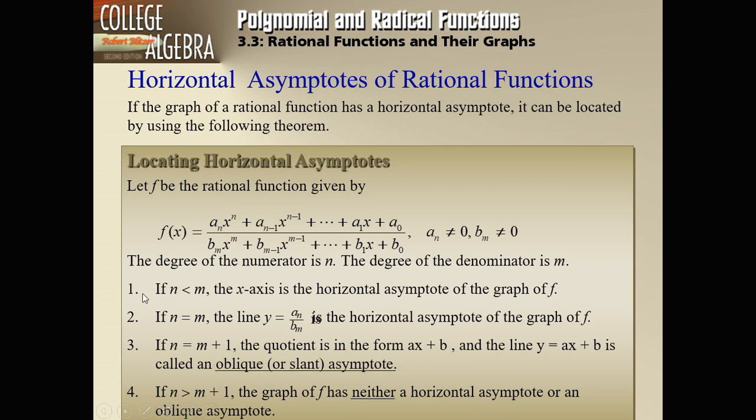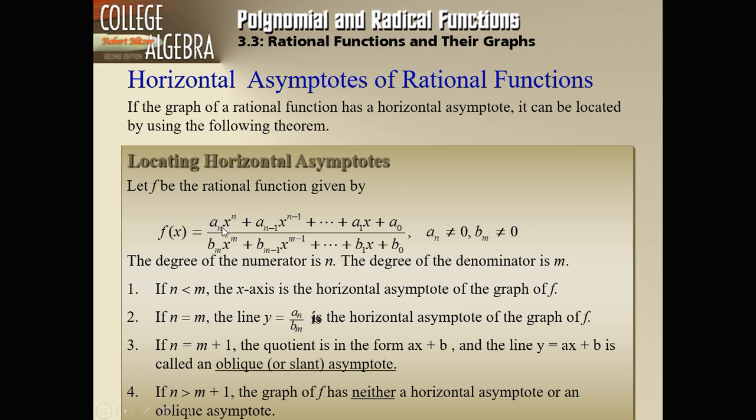So, for number 1, if n is less than m, the x-axis is the horizontal asymptote of the graph of f. Okay, so next, if n is equal to m, the line y is equal to a of n over b of m. Yung a of n natin is yung numerical coefficient natin.